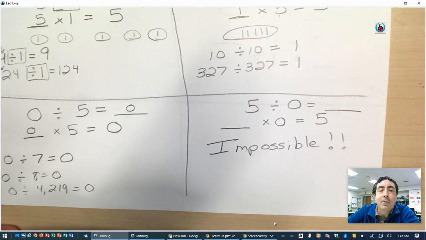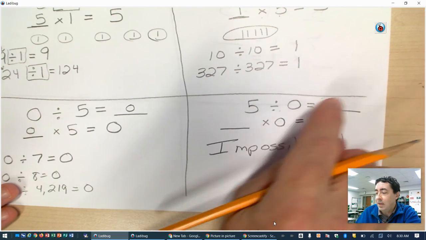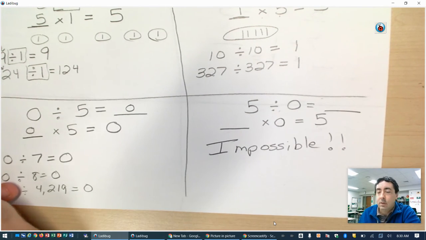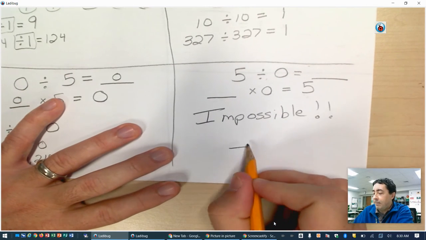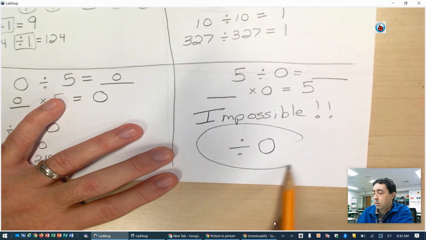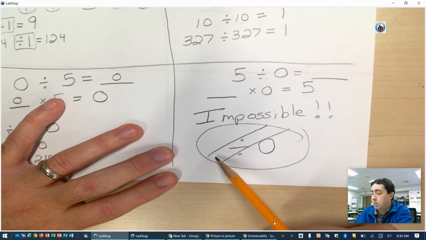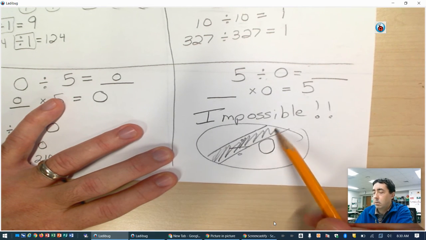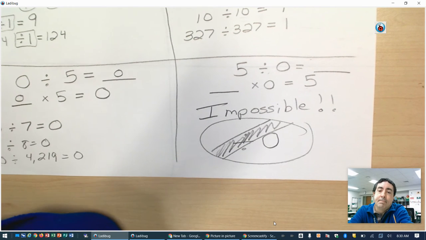I know you've maybe felt that way about math problems before, but this time it is truly an impossible math problem. There is no number that I can put in that answer to make this true. We cannot ever have 0 as the number we're dividing by.